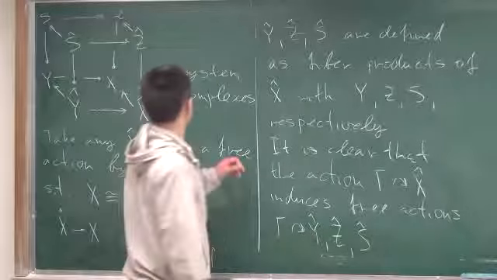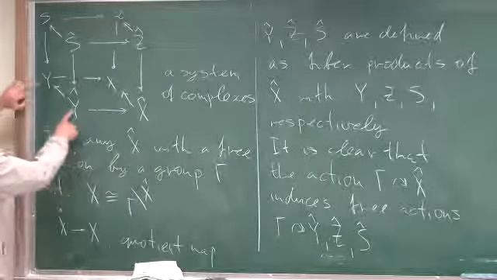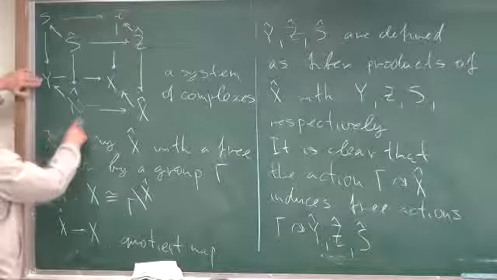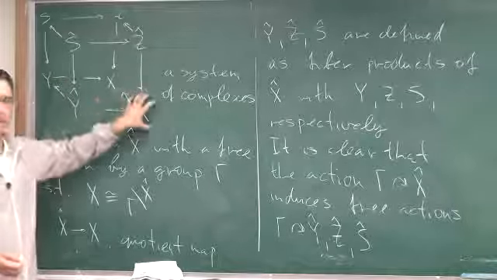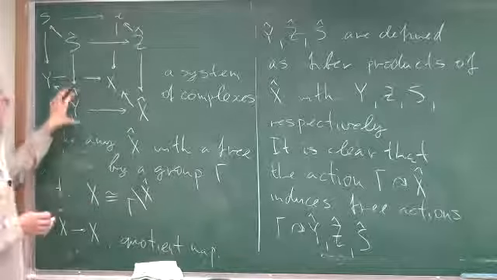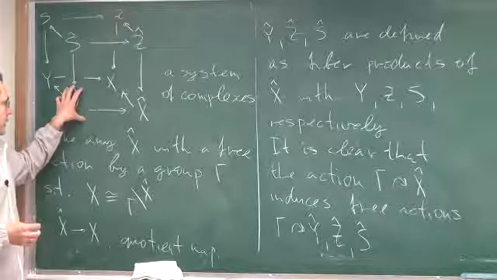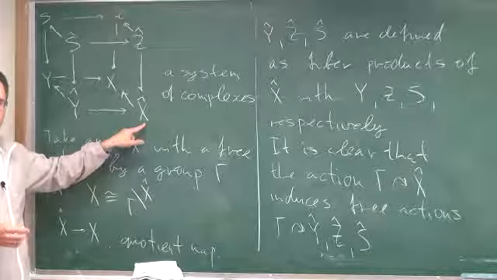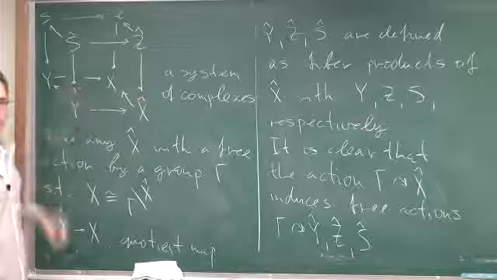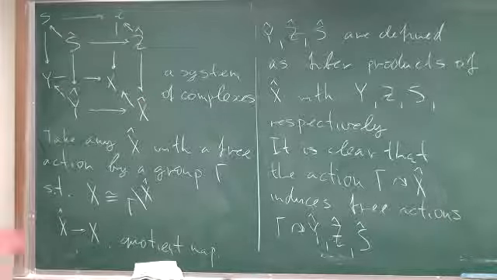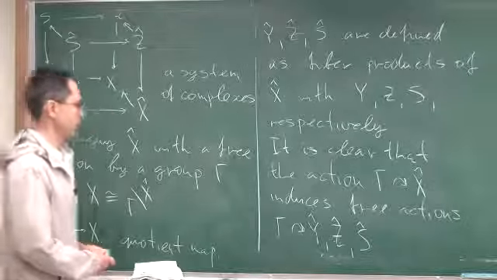Just because Y hat is the fiber product of X hat and Y, and we have a group action on this. Y hat consists of all pairs, like a subset of the Cartesian product of Y with X hat. We have an action on the first coordinate of that pair, so by acting on the first coordinate, there is an induced action here. Similarly, Z hat and S hat admit actions.